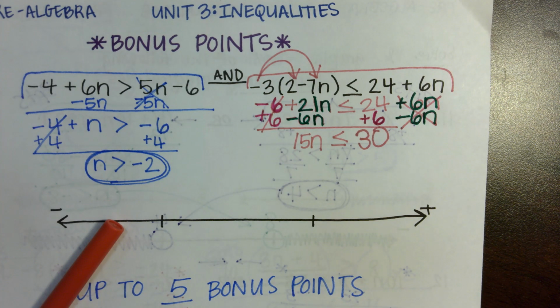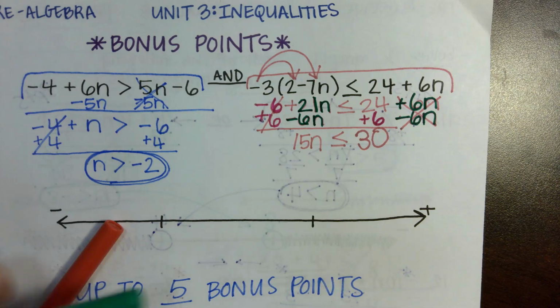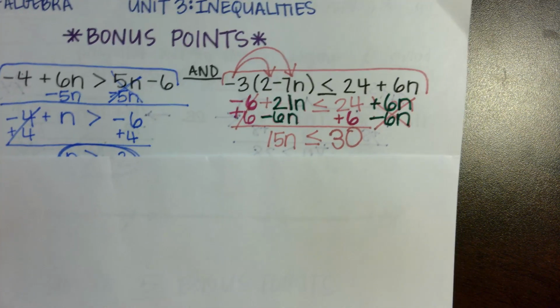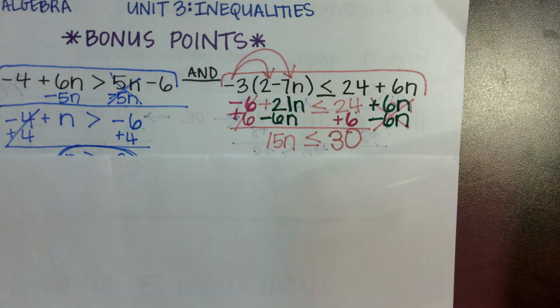You want me to write it out in 2 steps? Here, let me write it out in 2 steps because I think I'm confusing some people. I don't want to confuse y'all. Okay. So let me just rewrite this real quick. If you understand what's going on, that's great. But I'm going to rewrite it just in case.